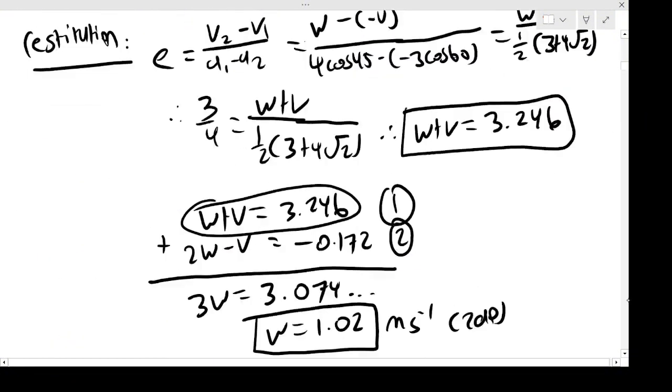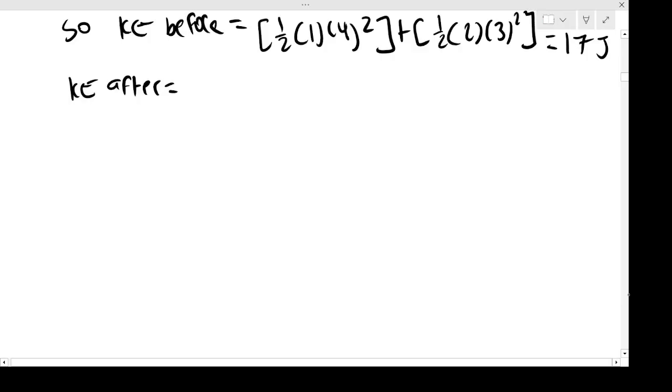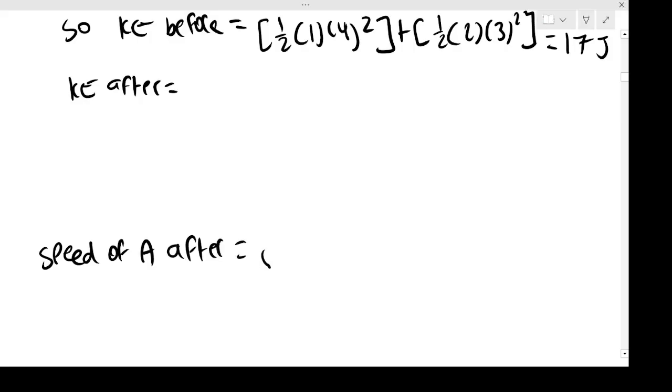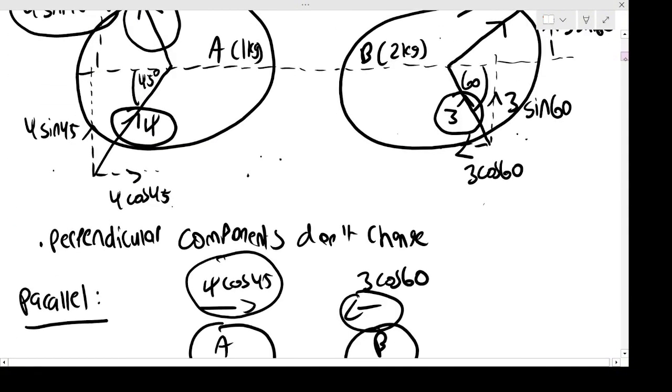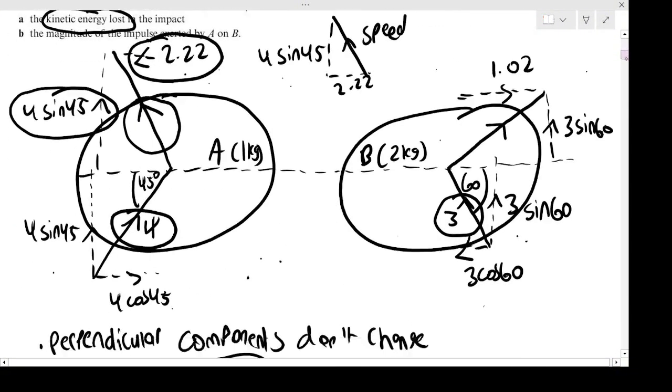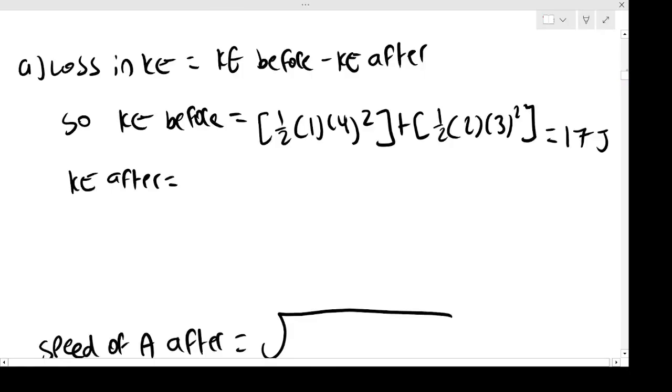I'm going to do it down here. So the speed of A afterwards is going to be the root of 4 sine 45 and 2.22 squared.